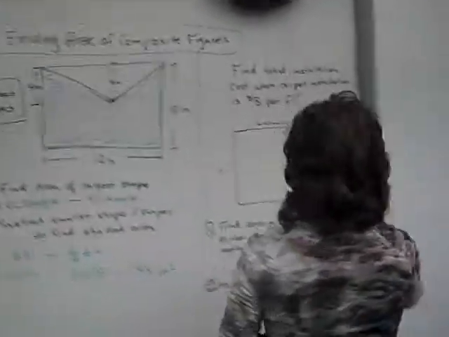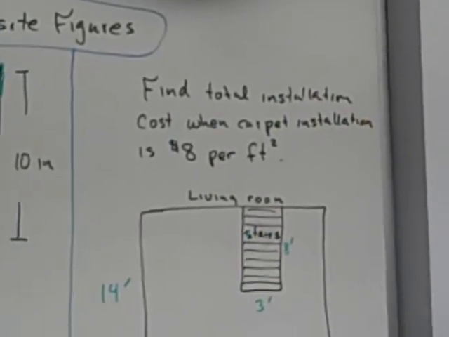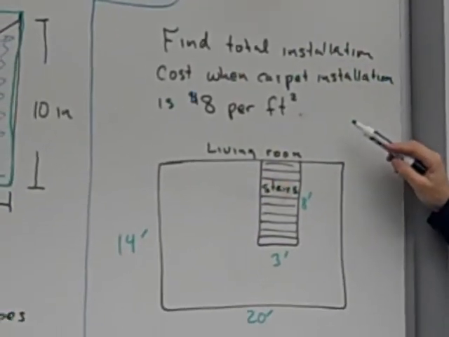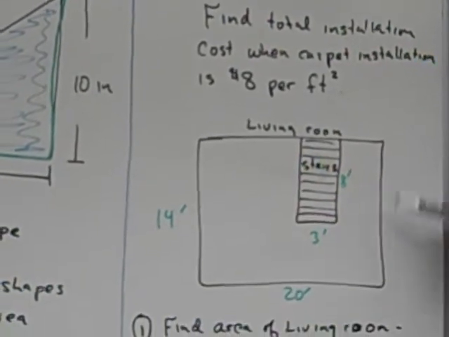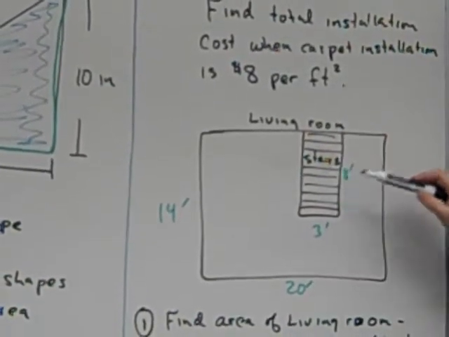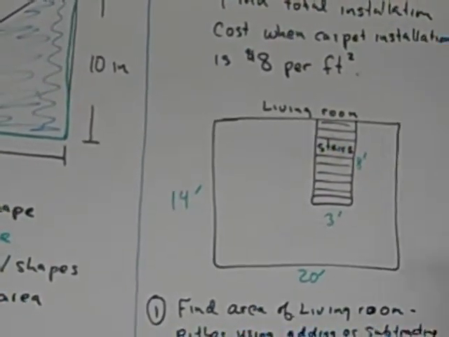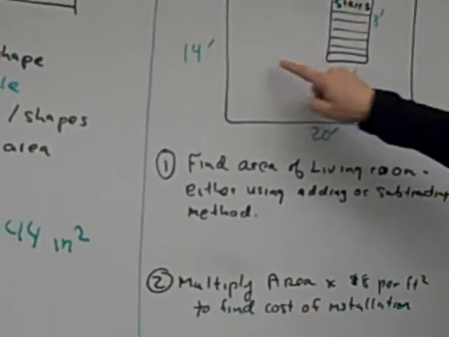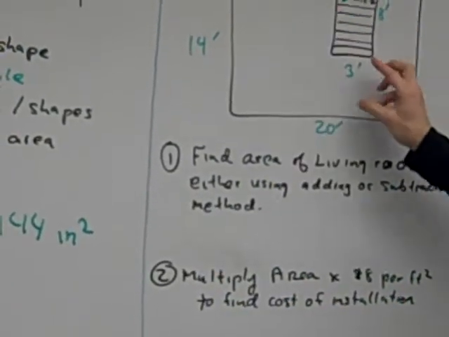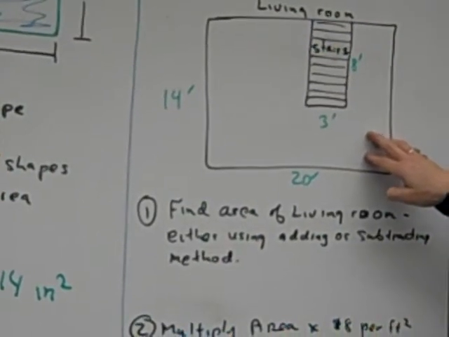What about finding installation costs if you know carpet is $8 a square foot? Well, here's my living room. Should be a nice big rectangle, but it's got these stairs through it, and we're not going to carpet the stairs. So we could use either method. I could break this into 3 rectangles, a big one here, a littler one here, or a big one here, and add them.